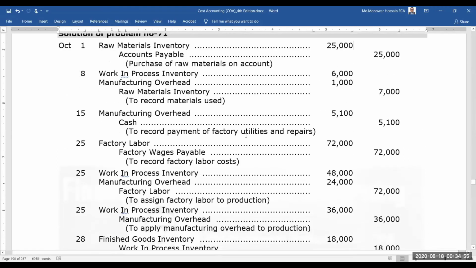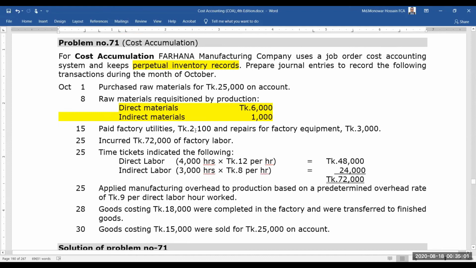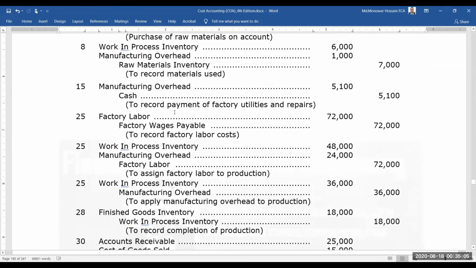It comes here, manufacturing overhead 5,100 because adding both figures 2,100 and 3,000. So manufacturing overhead 5,100 and cash 5,100 to record payment of factory utility and repair.